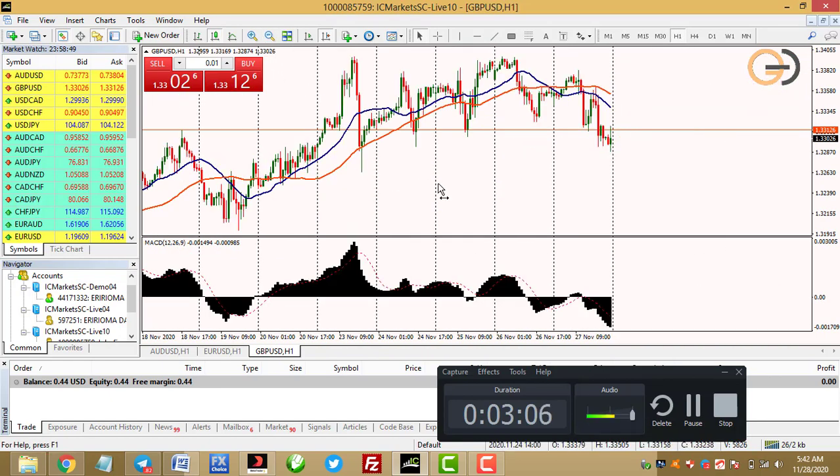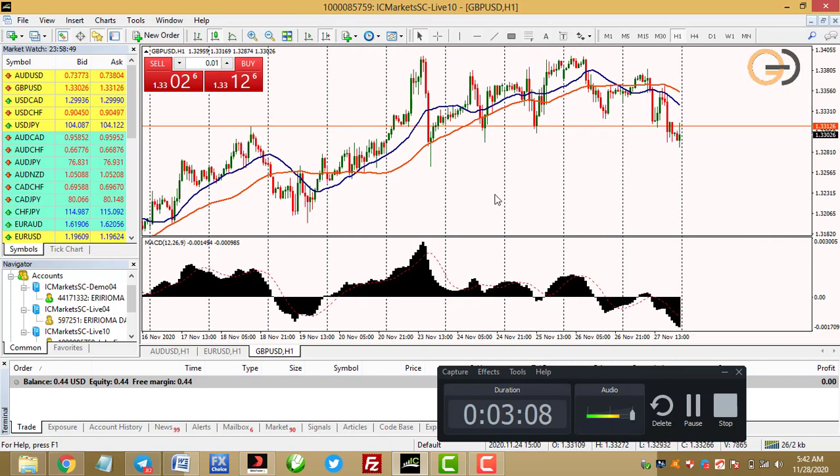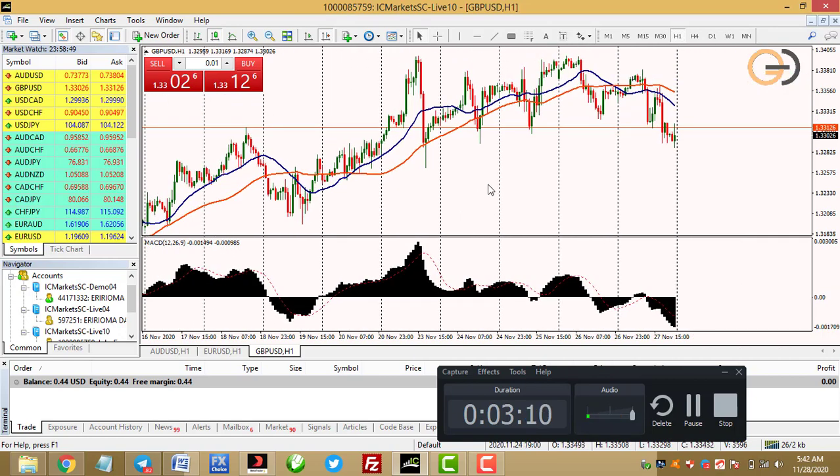All right, so this is how it looks, and indicators are helpful to knowing price action. They help you to understand price action. So this is like a lesson on how to understand price action.